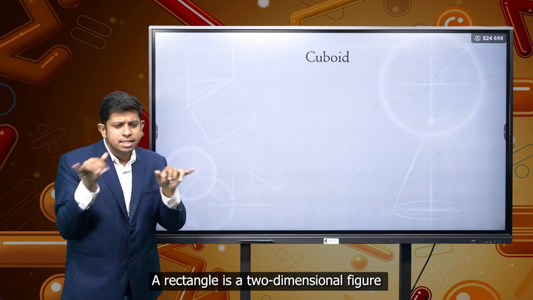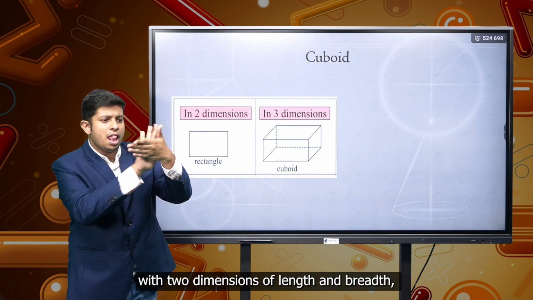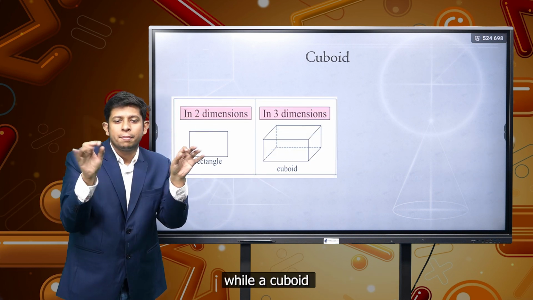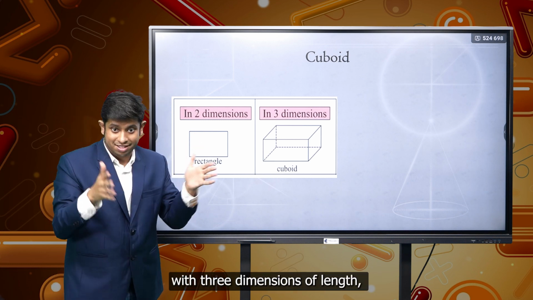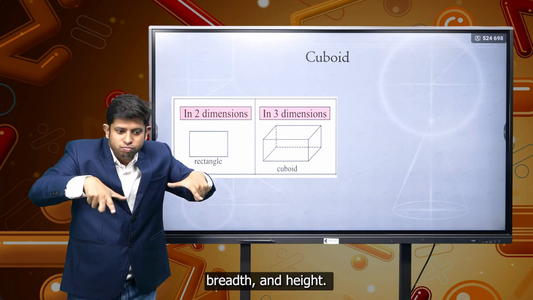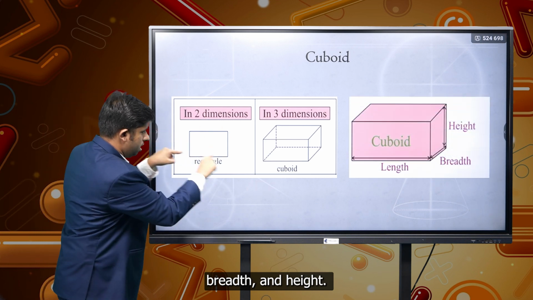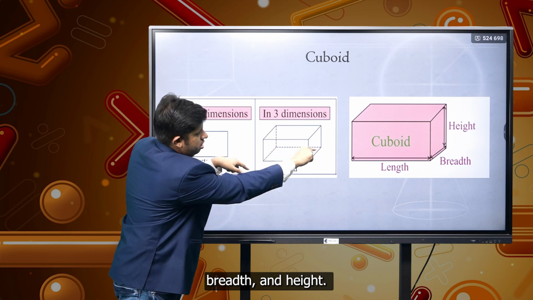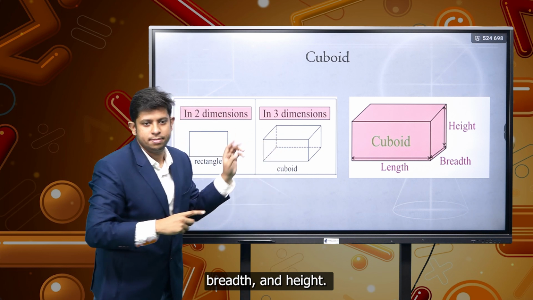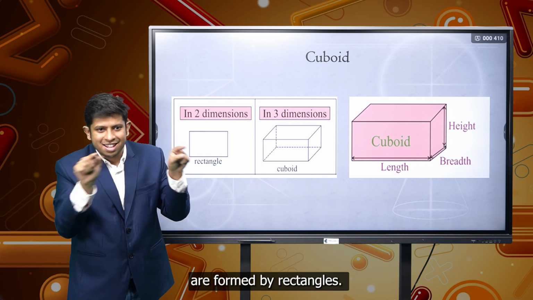Cuboid. A rectangle is a two-dimensional figure with two dimensions of length and breadth, while a cuboid is a three-dimensional figure with three dimensions of length, breadth and height. The side faces of a cuboid are formed by rectangles.